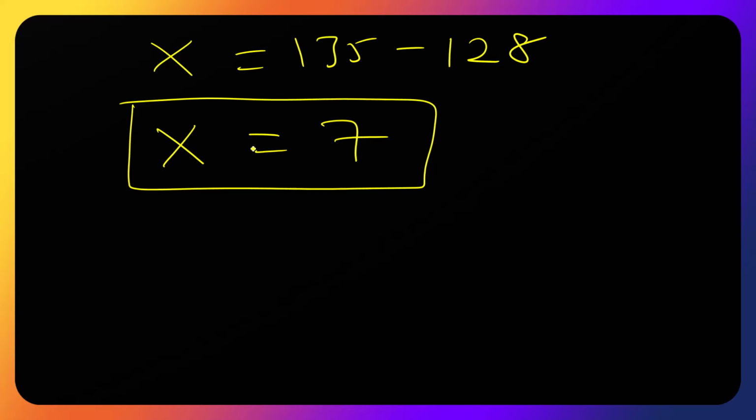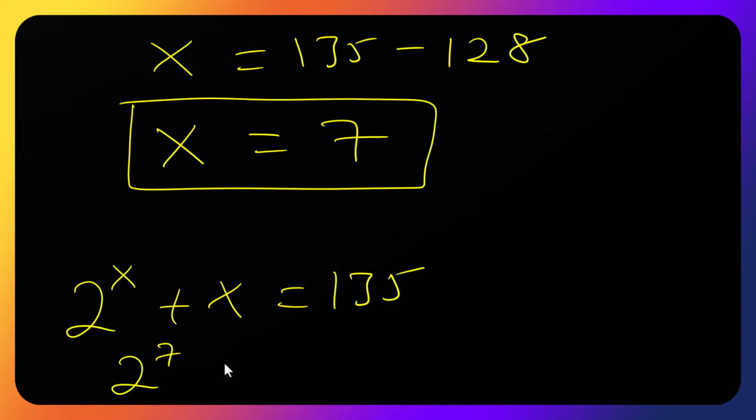Alright, so when we verify, 2 to the power x plus x equals 135 is the same as 2 to the power 7 plus 7, which is 135.